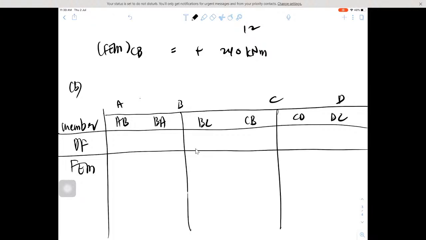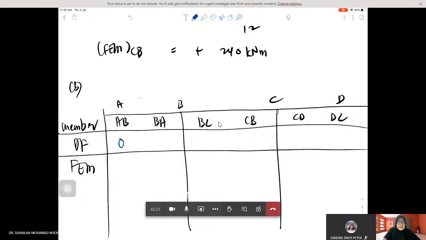The distribution factor for fixed is 0. Pin is 1.